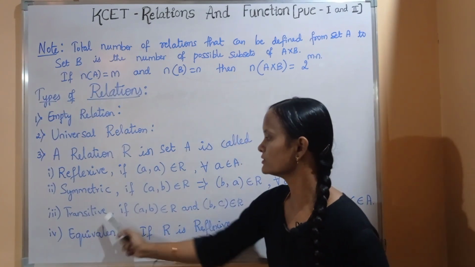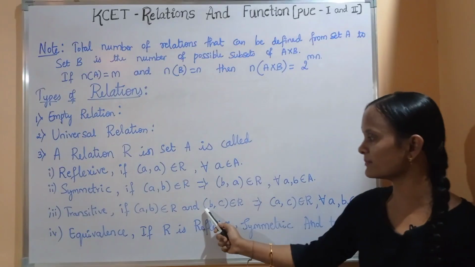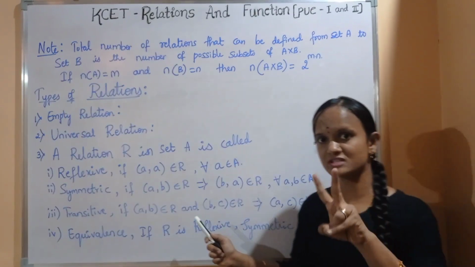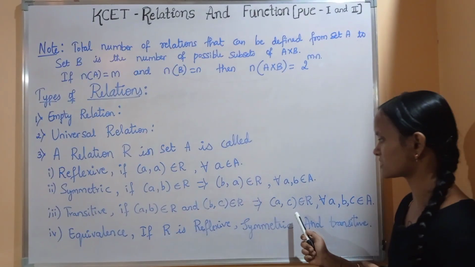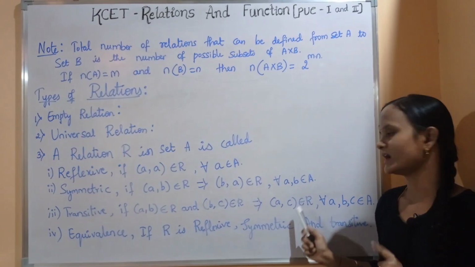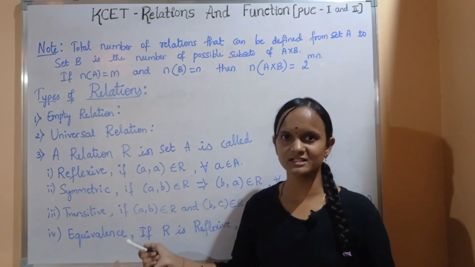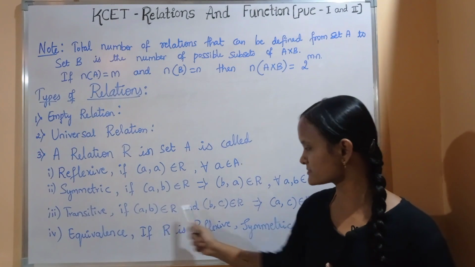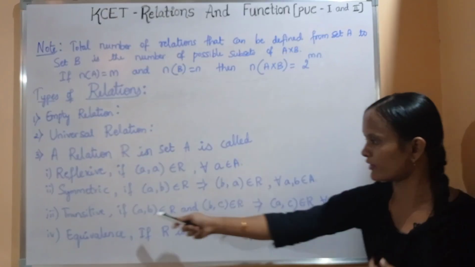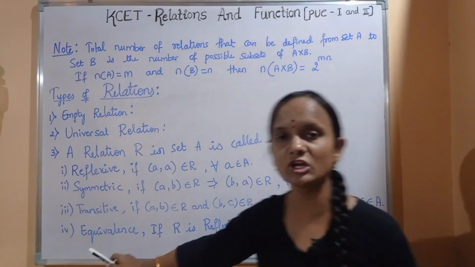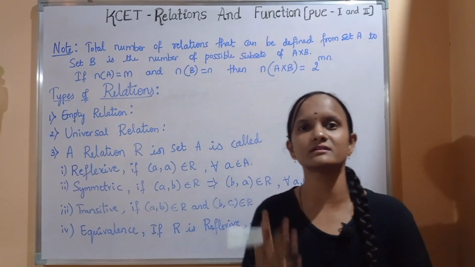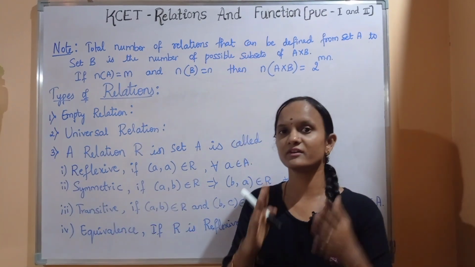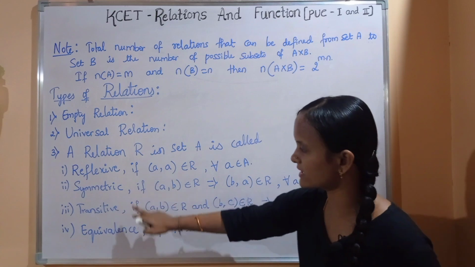Next, transitive. If (a, b) belongs to R and (b, c) belongs to R, if these both are present, then we have to check for (a, c). Otherwise, it is transitive only. If these both are present, then we have to check for (a, c) also. Next, equivalence relation. When we say that the given relation is equivalence, it satisfies reflexive, symmetric and transitive.